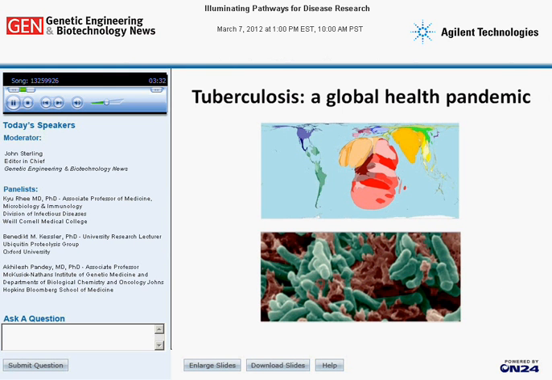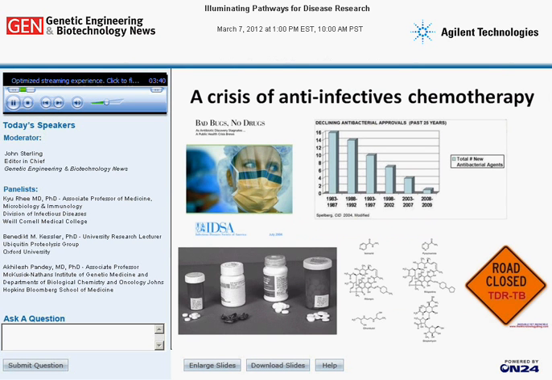But in addition to studying it from the standpoint of the global health emergency, we're interested in it also because, next slide, we believe it exemplifies an equally significant but less well-recognized public health crisis, and that is the general and increasing failure of anti-infectives research to produce virtually any new classes of antibiotics in the past 40 years.